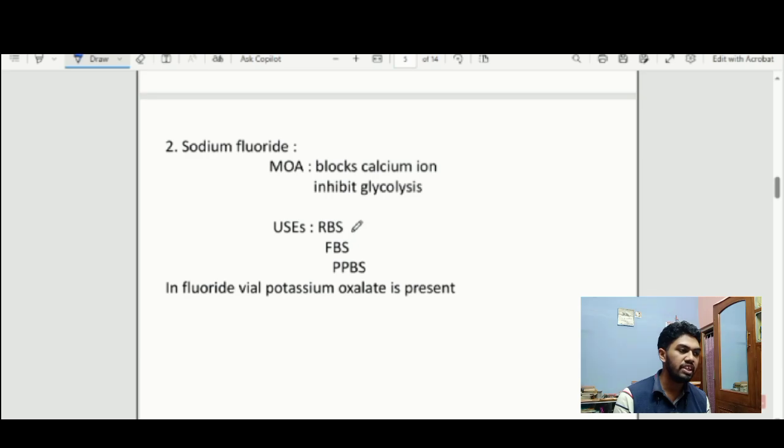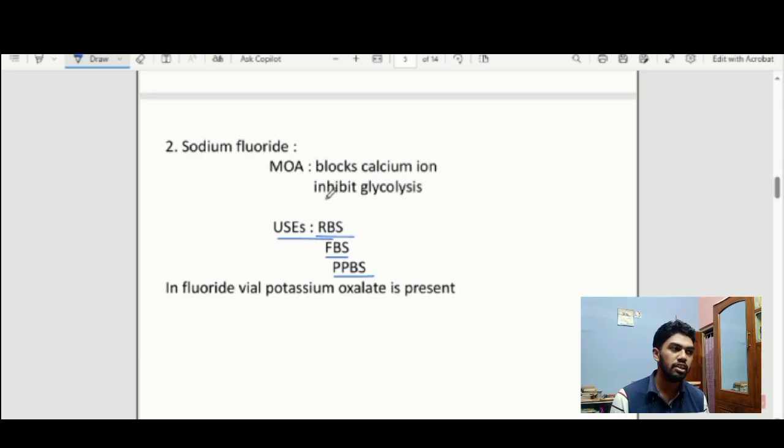The grey vial is specifically used for testing sugar levels, for RBS, random blood sugar, for FBS, fasting blood sugar, and for PPBS, postprandial blood sugar. So it is very important to prevent the glycolysis process.